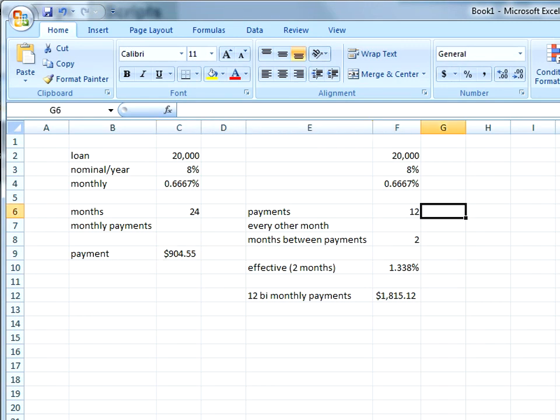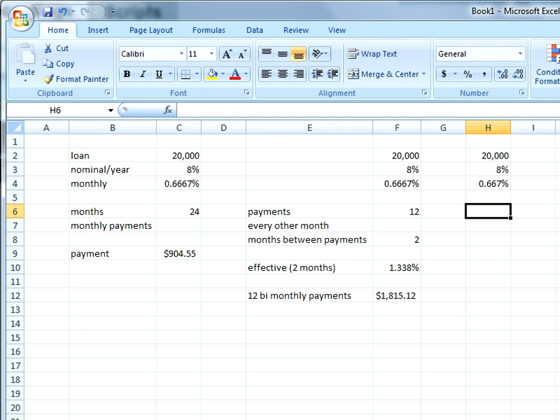We can compute another example of this. Let's consider again the same loan with the same interest rate, with the same compounding period, so we have the same monthly interest rate.